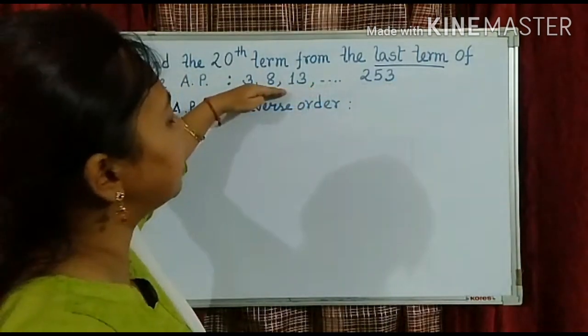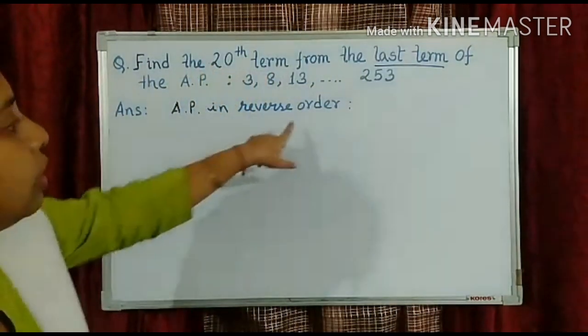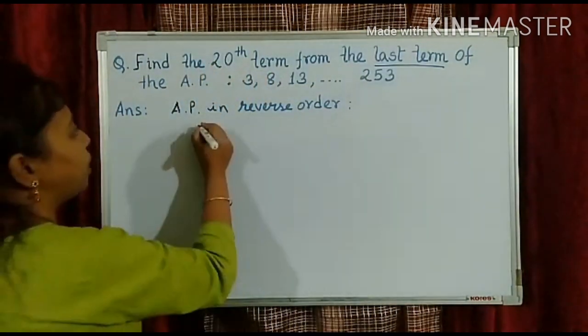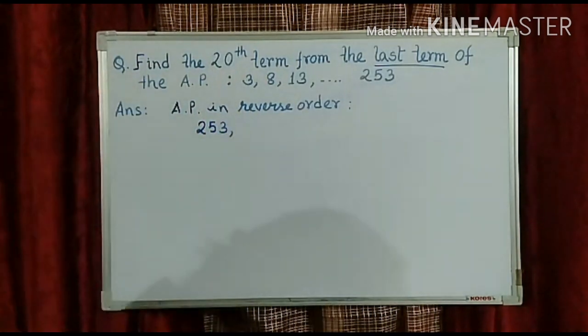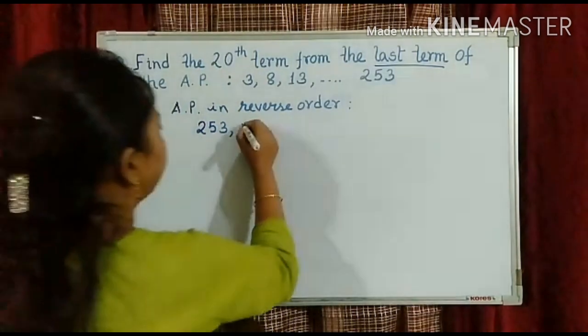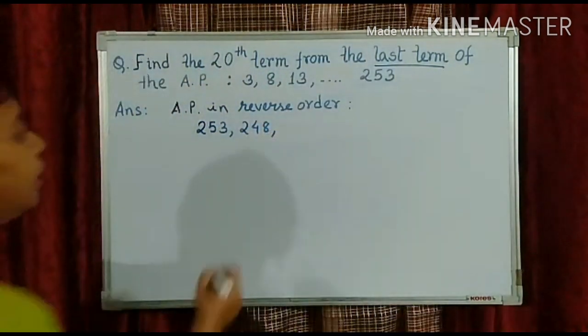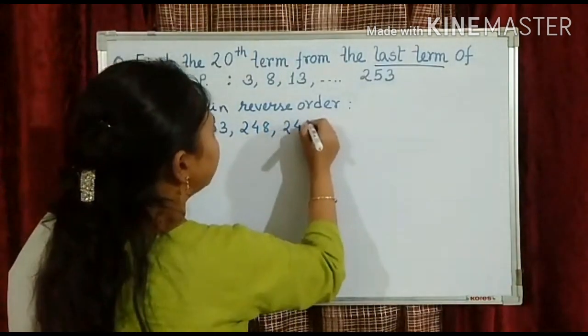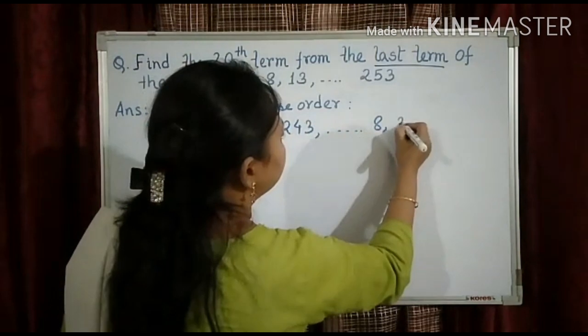Thinking on that, we will write the AP in reverse order. So the first term will be 253, then the second term will be 248, and then the third term will be 243, and so on. Like that, the last term will be 3.